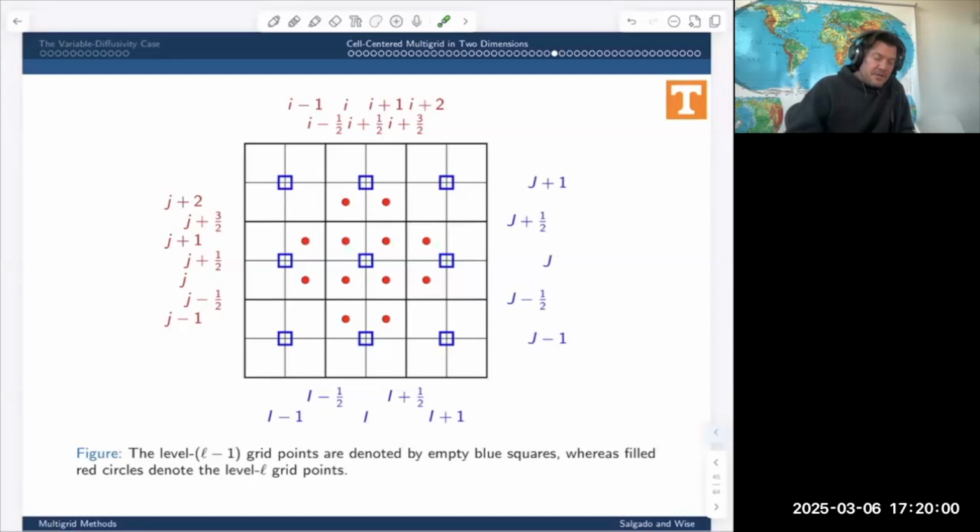I'm going to use information at all these red points to check that the imbalanced Galerkin condition holds. When I do this, I'm going to be thinking about where and how these diffusion coefficients appear. Okay, so we're going to refer back to this diagram a lot in the proof that's coming up.